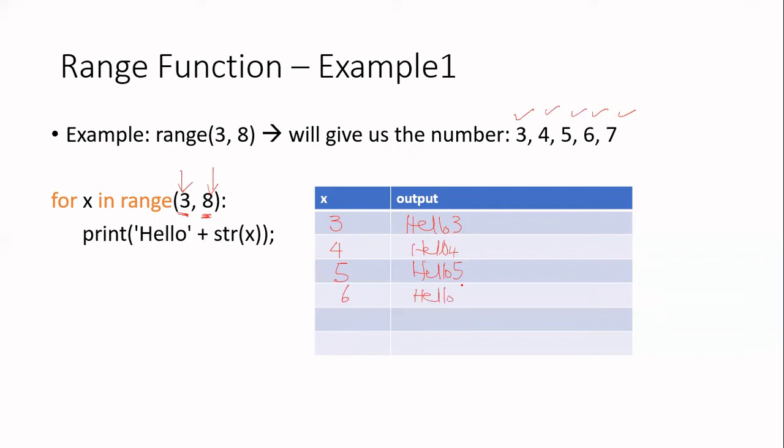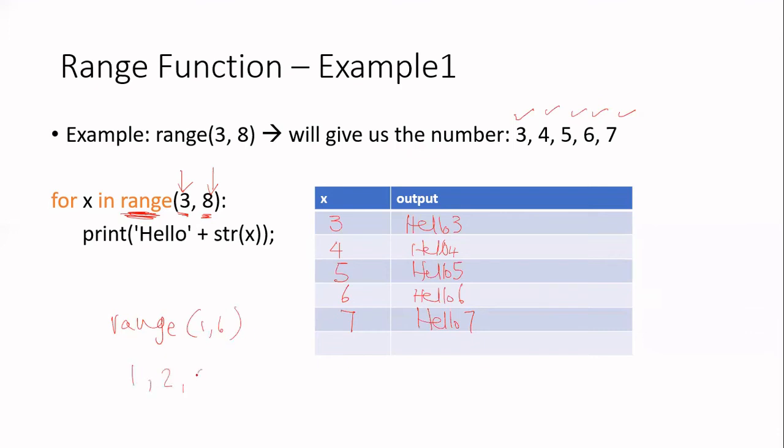It's going to print hello 6. Finally, it's going to go back up 7, and it's going to print hello 7. When we go back up, because it stops at 7, range does not produce any more numbers, therefore the loop has to stop.